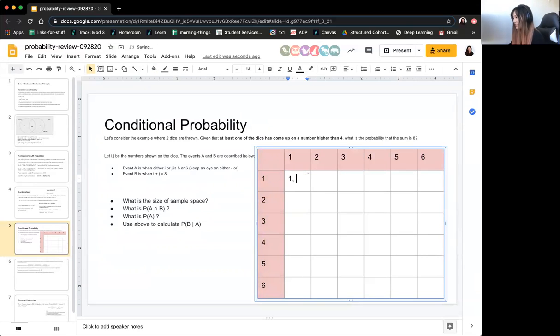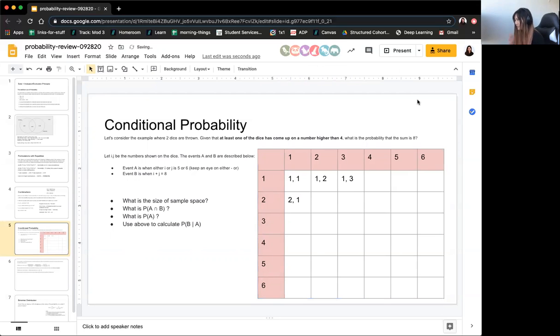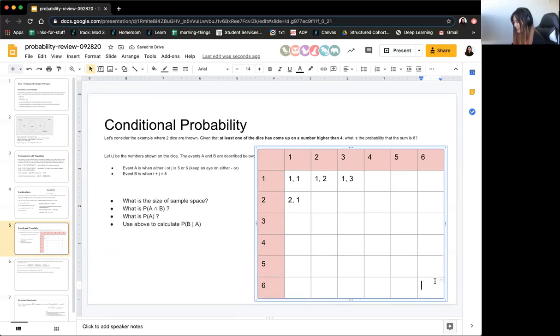For example, this cell is when the first dice is 1, second dice is 1. This one will be 1, 2. This will be 1, 3, and so on. And this will be 2 and 1, so on and so forth, all the way till we get to 6 and 6.